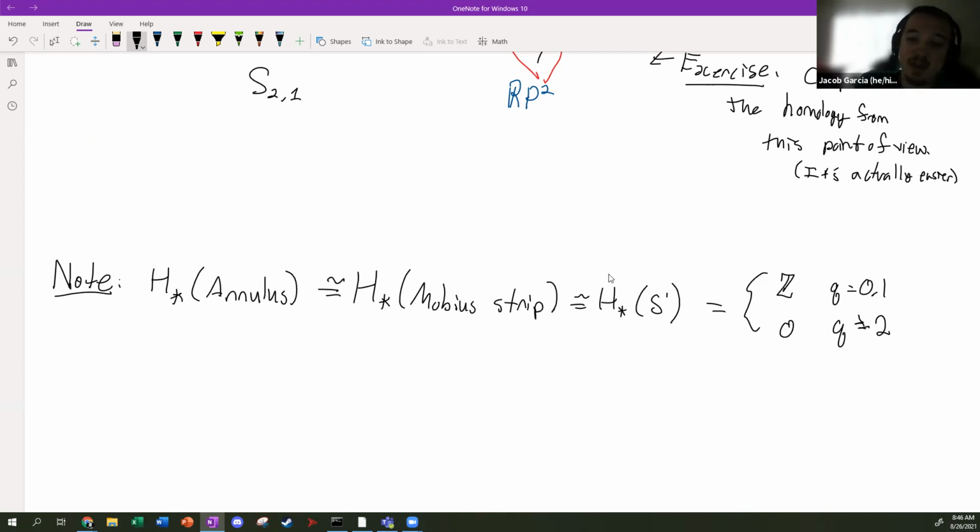And that's because both the annulus and the Mobius band deformation retract onto the circle.